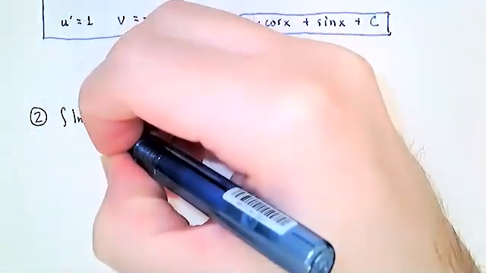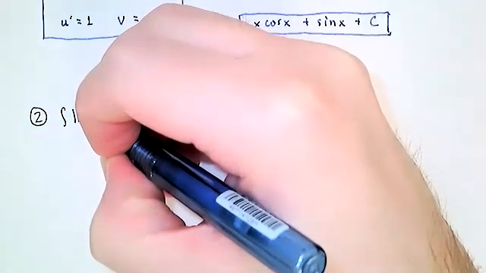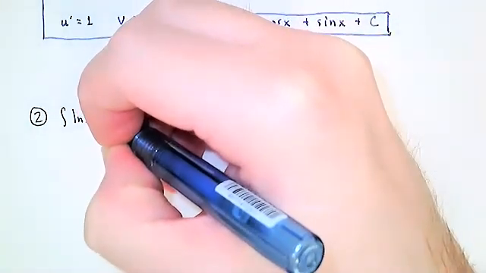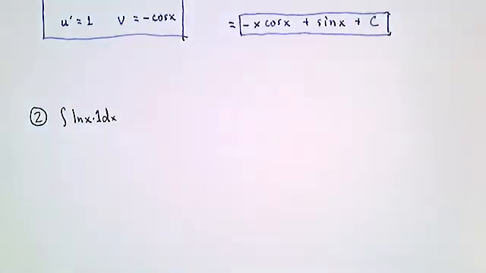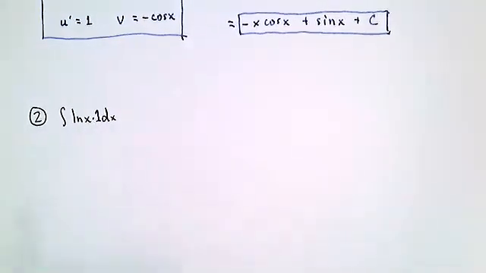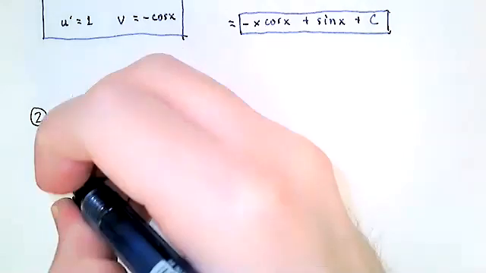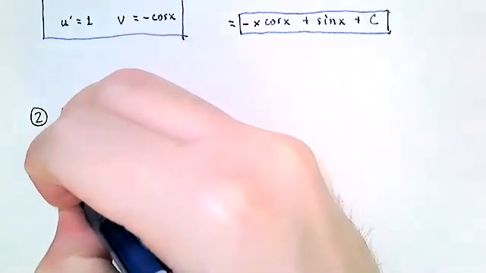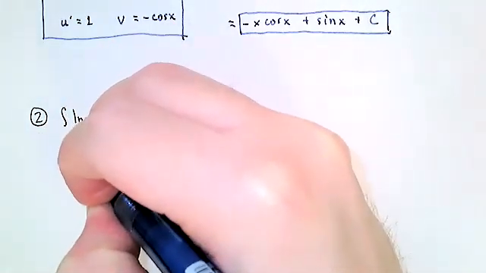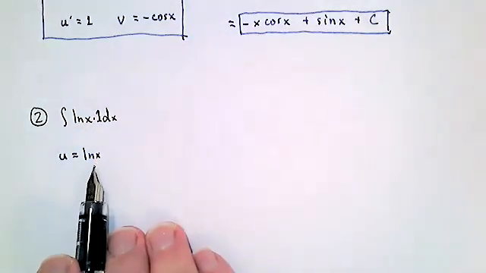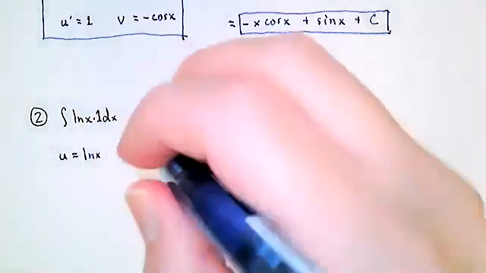What I'm going to do is think about just having an extra number in here. Just multiply by 1. So I haven't changed anything. We multiply by 1, doesn't do anything. But it does give me another option for my function v prime. I'm going to pick u to be the natural logarithm of x because it has an easy derivative. It's just 1 over x.